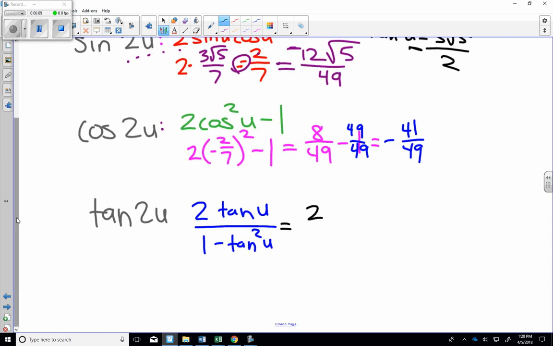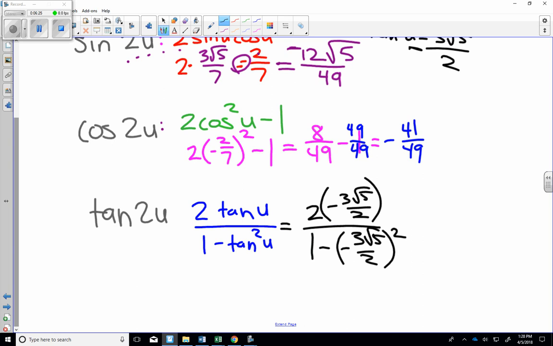So we have 2 times negative 3 square root of 5 over 2, and then 1 minus negative 3 square root of 5 over 2 squared.